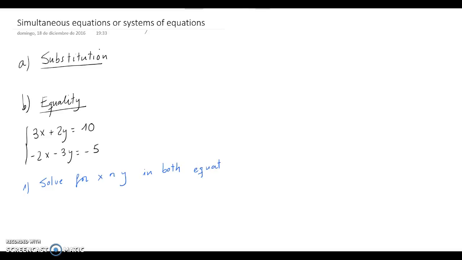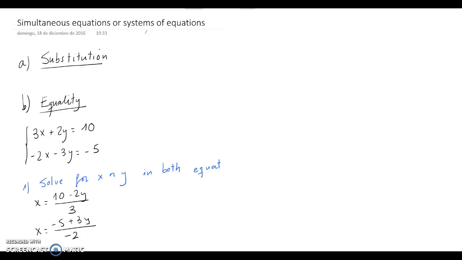For example, I'm going to solve for the x. I'm going to have x equals 10 minus 2y over 3. This is for the first equation. And in the second, I'm going to have x equals minus 5 plus 3y over minus 2.